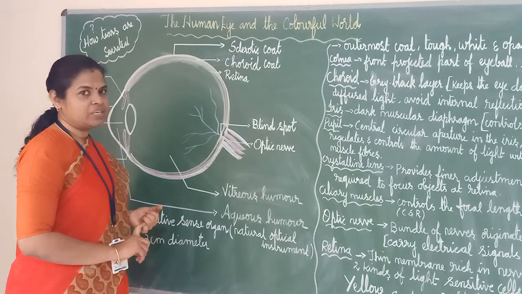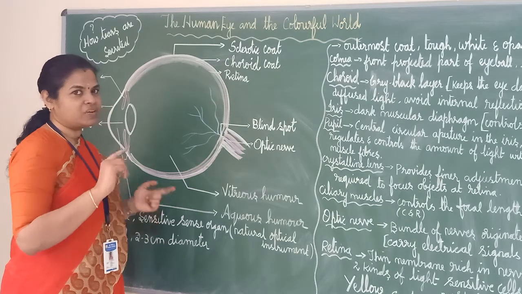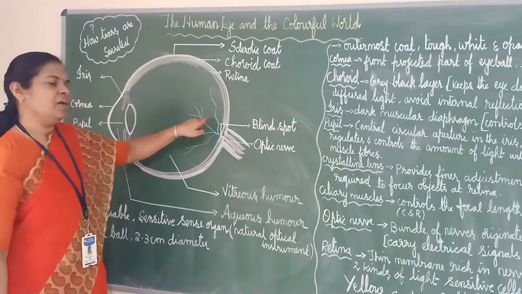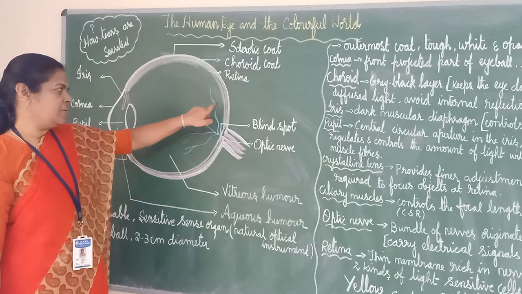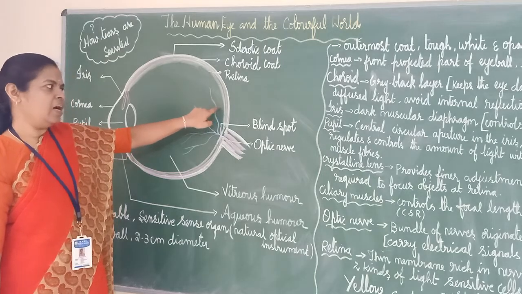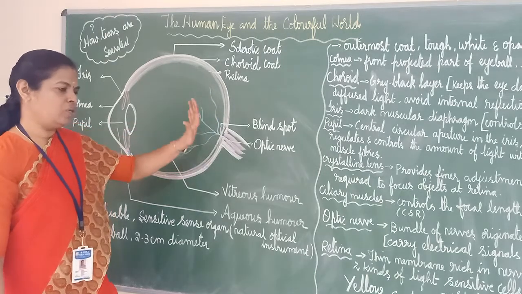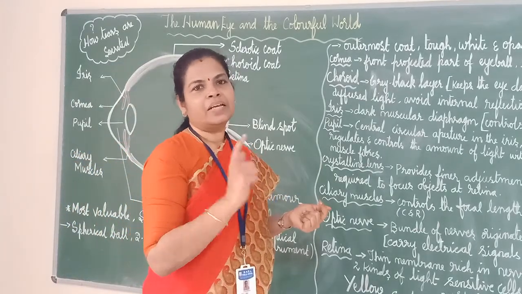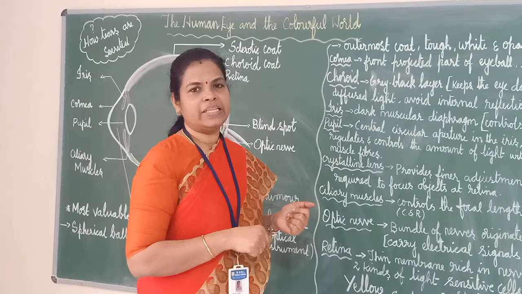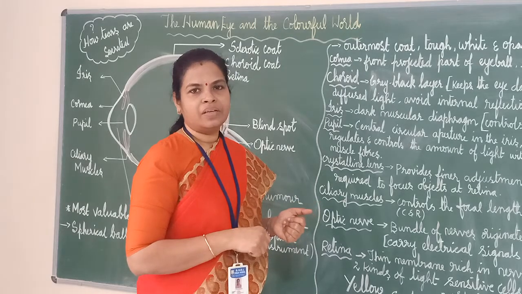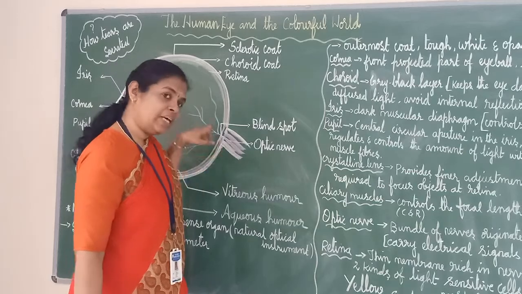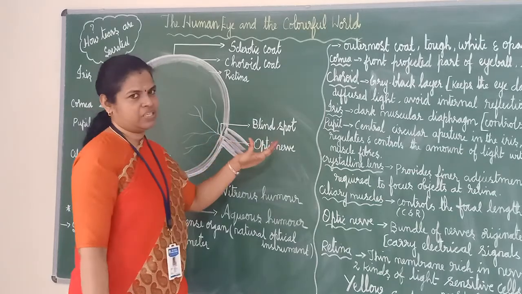Check whether it is inverted or, one more word is there, yes. That image goes to the brain. If I see you, within seconds I will recognize who you are and tell your name. How is it happening? The brain is getting the signals from the eye, carried by the optic nerve.